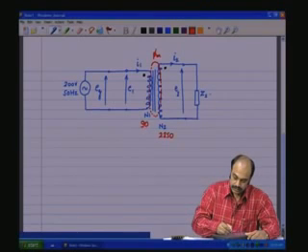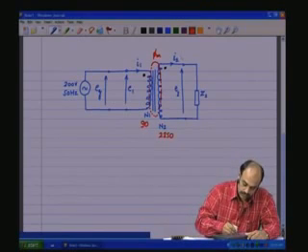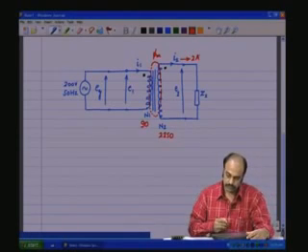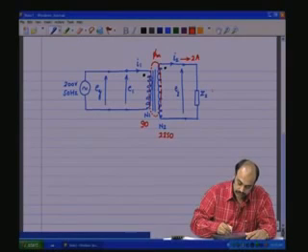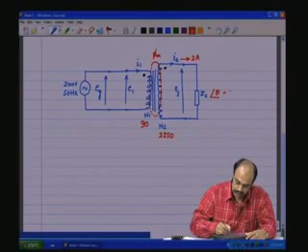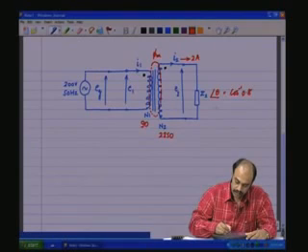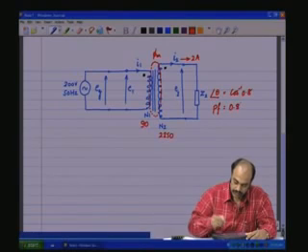Let us say that there is a load current of 2 amps that is flowing with a lag angle theta of cos inverse of 0.8, or power factor equals 0.8.